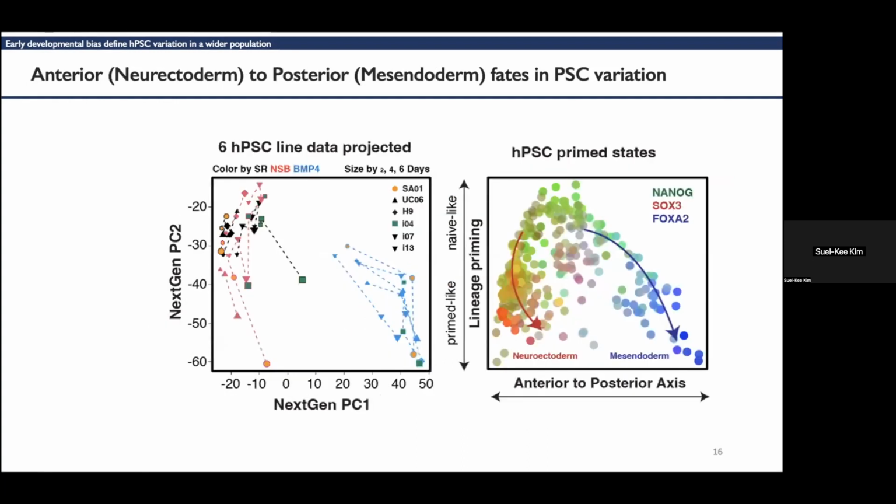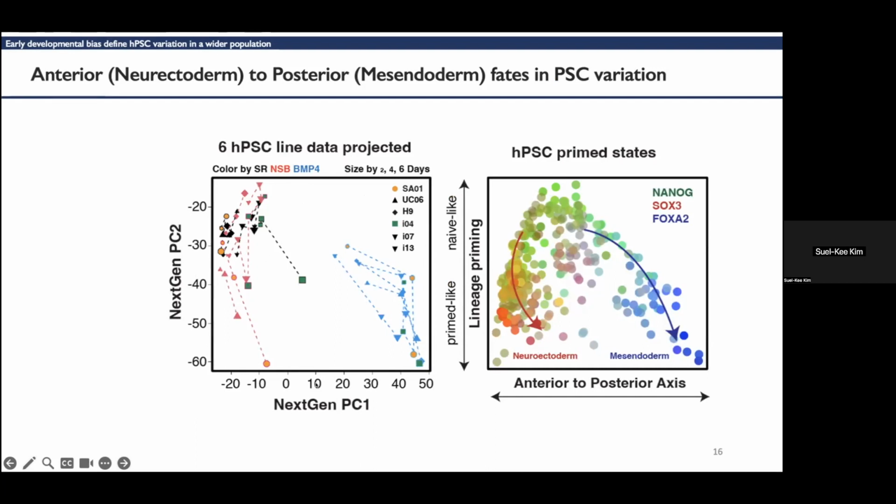And last, we projected our initial 6 cell line data into the next-gen PC space. Here, I want to remind you that our 6 cell line data include early differentiation data triggered by Noggin, SB and BMP4 treatment, while only undifferentiated data define the next-gen PC space.